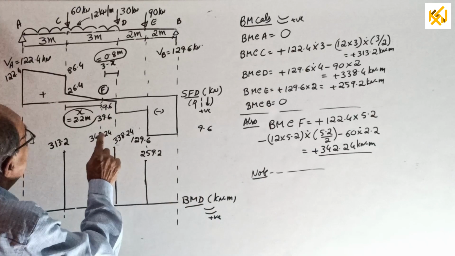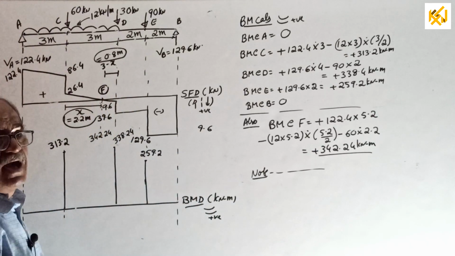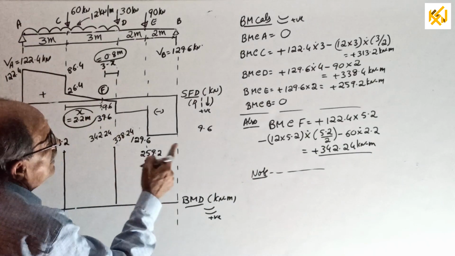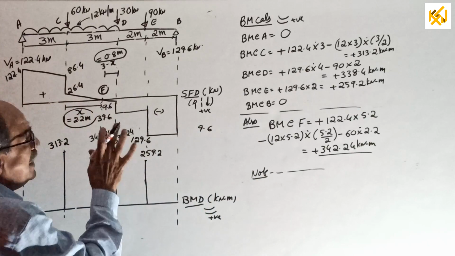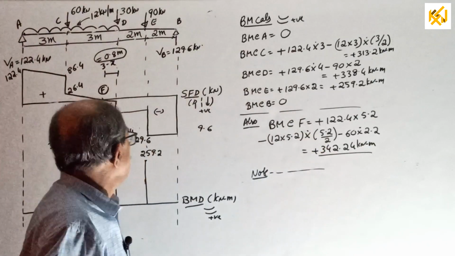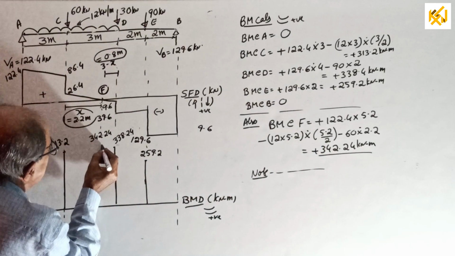Lastly, I told the bending moment at F. That is the point where the shear force diagram is crossing the baseline, or zero shear force. See the answer. The main purpose of this question is this point. 342.24, slightly more. How much more? Very slightly more.